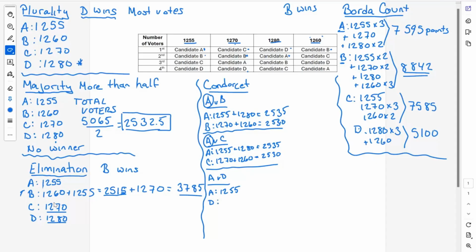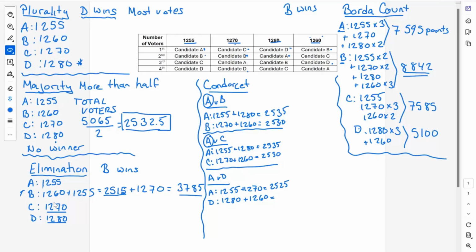These 1,270 people like A better than D. So A gets 1,270 more. These 1,280 people like D better though. So 1,280. And these 1,260 people also like D better than A. So if we have 1255 and 1270, that's 2525.